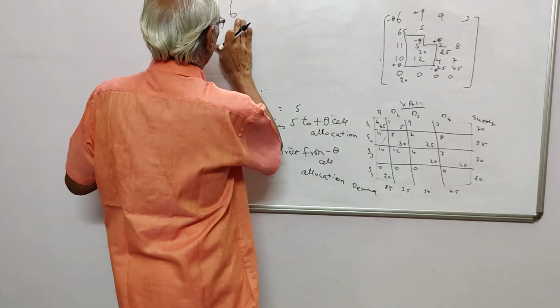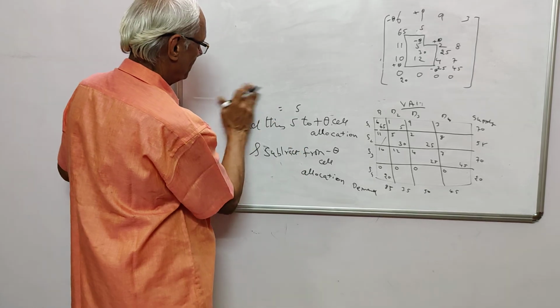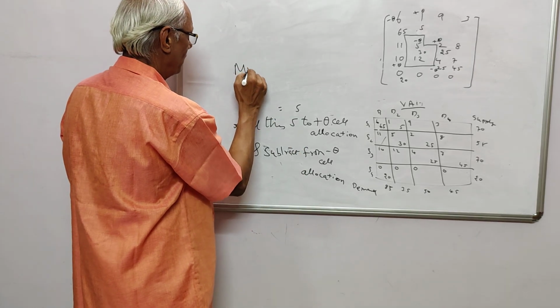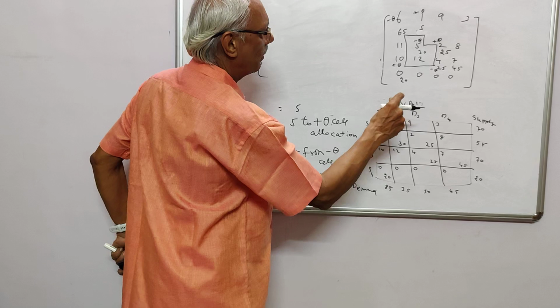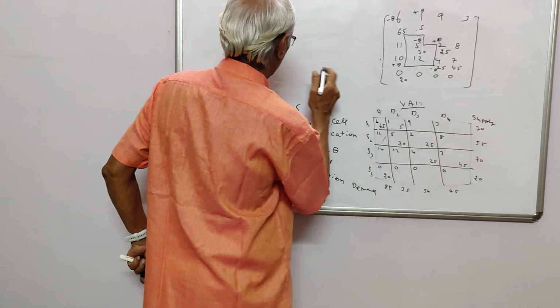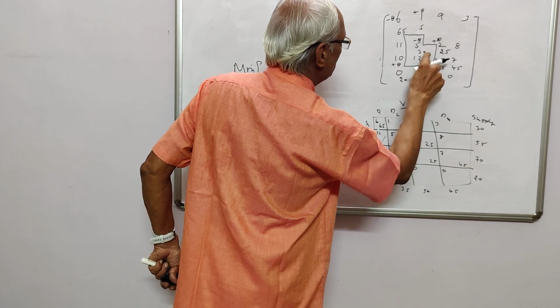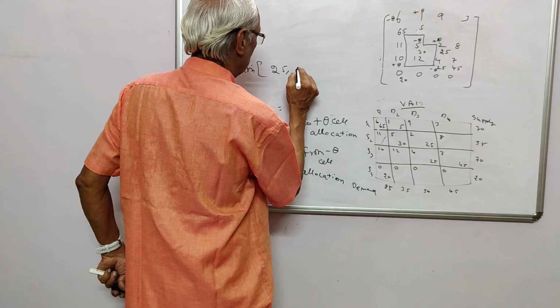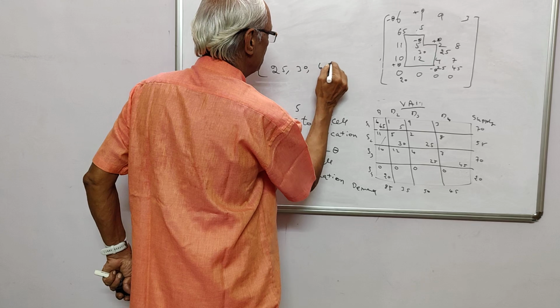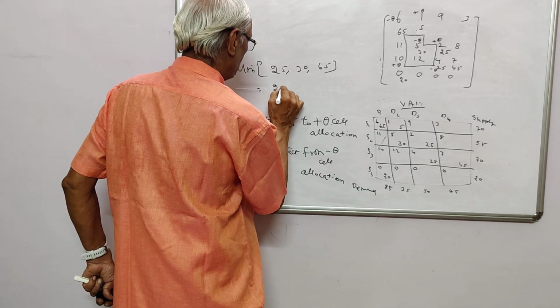I'll call this. Here it is. See, the minimum of here 25 allocation, it is 30 allocation and 65. So this is equal to 25.